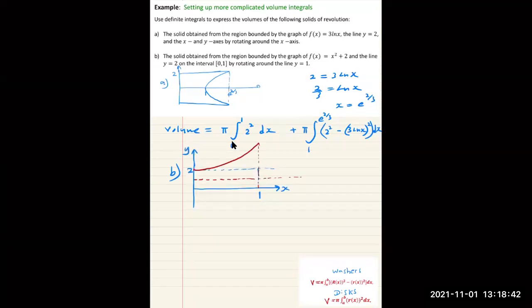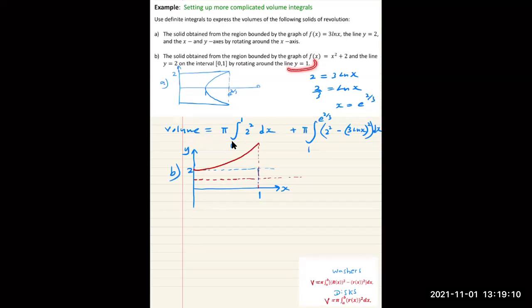Okay, here is the graph of f of x is equal to x squared plus 2. Everyone knows how to graph that. And this is the line y is equal to 2. The region between the f of x and the line y is equal to 2 on the interval 0, 1 is this region. Okay. Now we are asked to rotate this particular region about the line y is equal to 1. Okay.